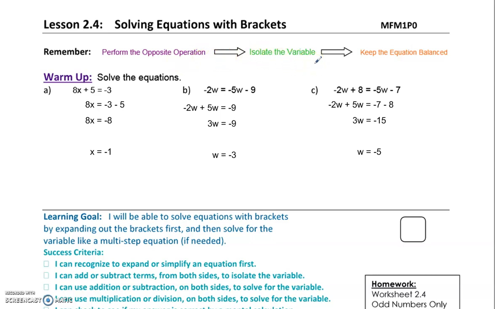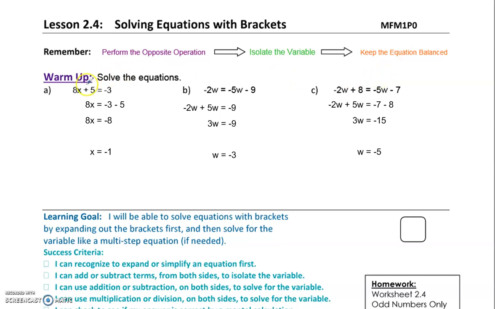So we wanted the letter by itself. And while all of that is going on, we're keeping in mind that the equations have to be balanced, which means that in the middle there's an equal sign and anything on the left side has to be balanced with the right side. So I'm going to go through these three examples just as a refresher.